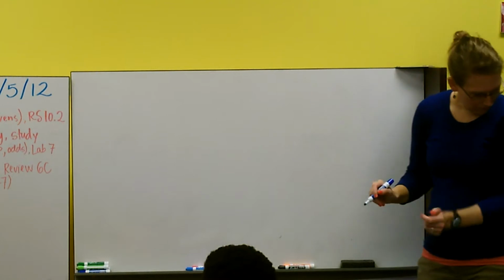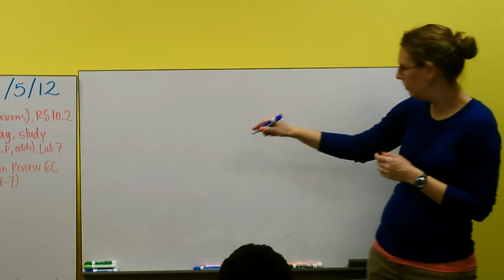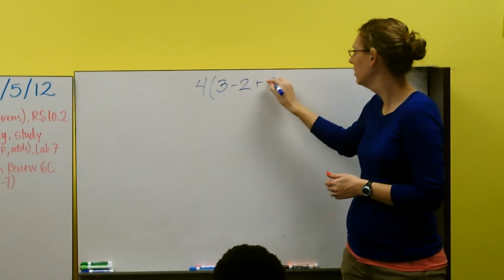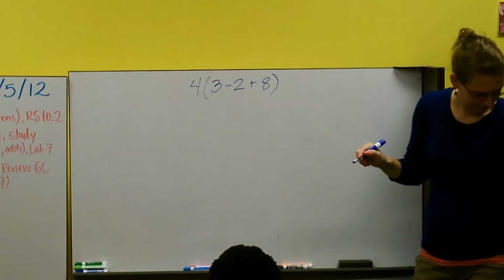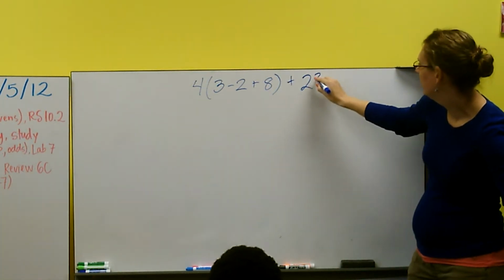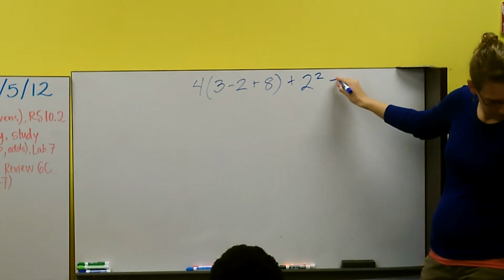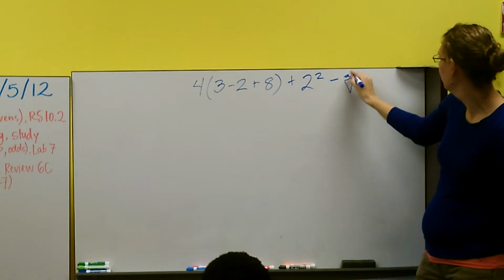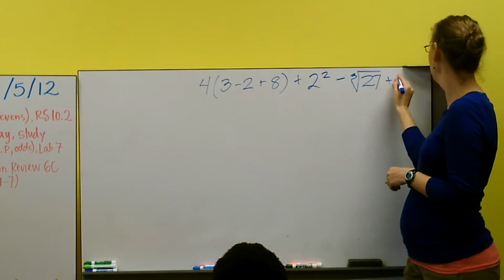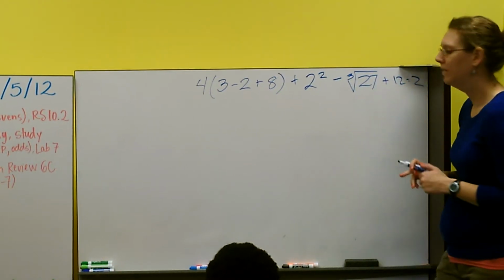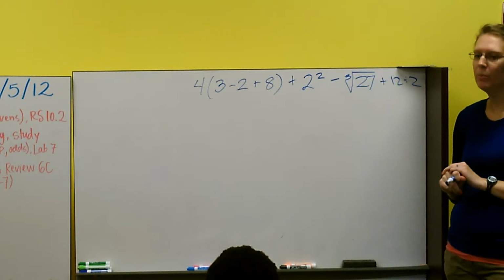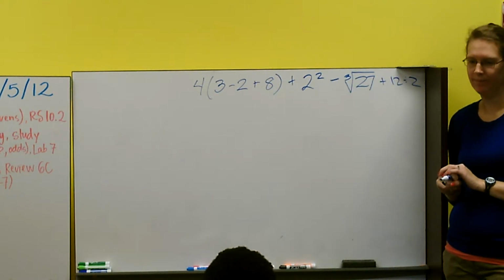Our first example, we've got 4. Alright, kind of ran out of space. Come on, start me off. What do you want to start with here? Parentheses. So, take care of my parentheses for me.